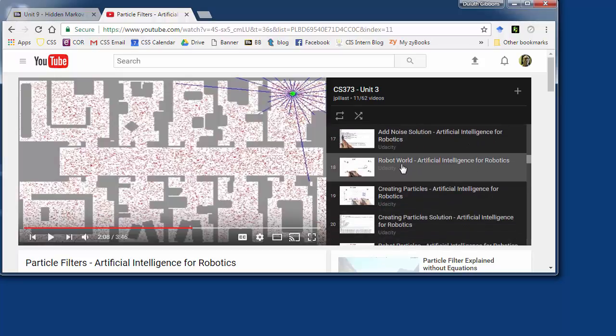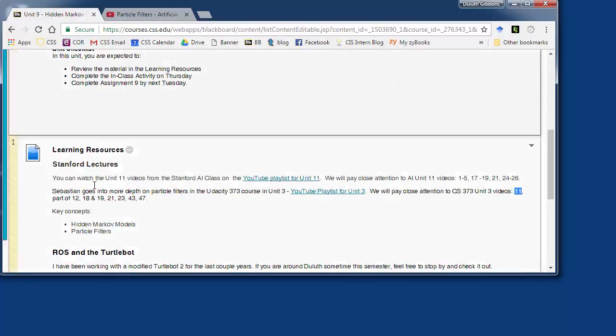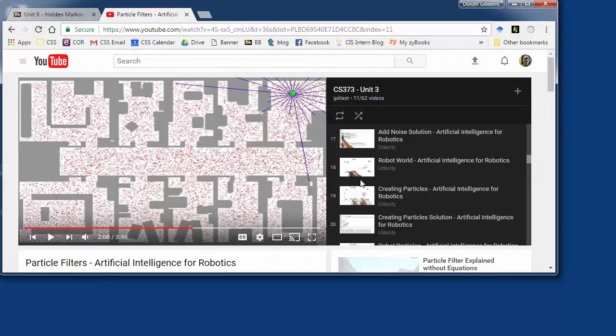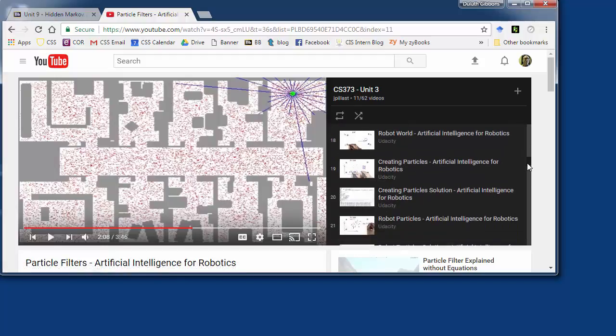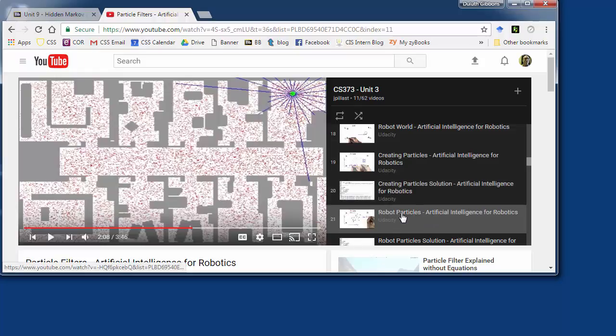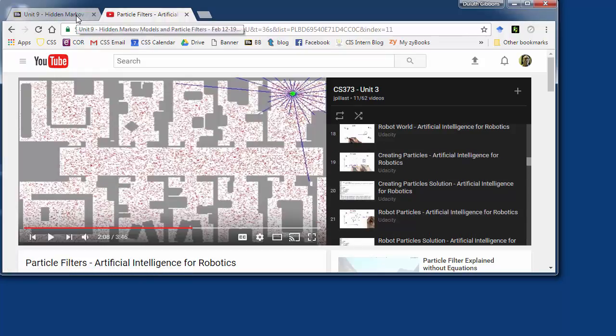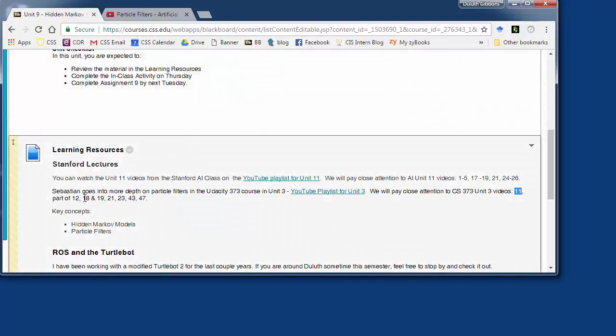And then you can jump back in at 18 and 19, where he's talking more about this robot world and the sensors, and then particularly how particles are created and solved. And again, we'll jump back into this with the assignment, because your assignment will have to do with this stuff. So the key concepts are to understand what a hidden Markov model is, and then what particle filters are.